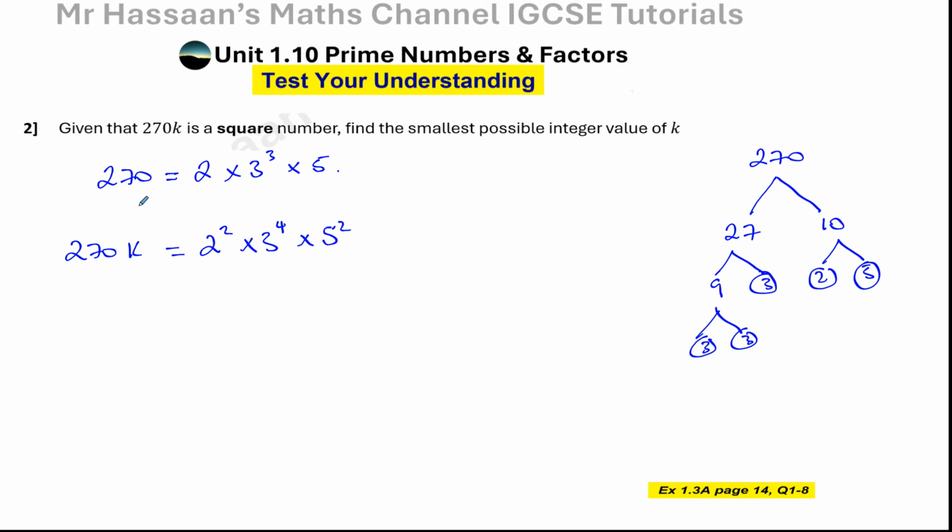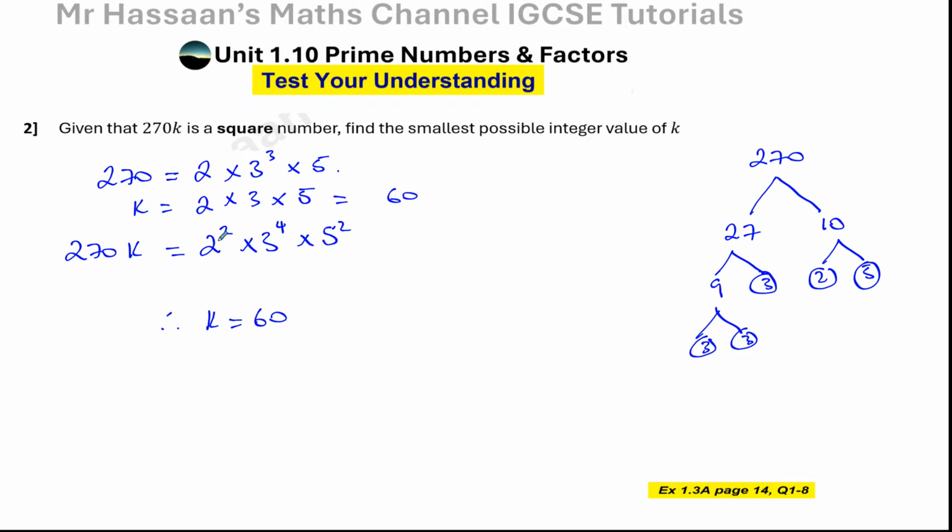All right, so k has to equal what? Well, that 2 had to become 2 squared, so you have to multiply by 2. The 3 had to become 3 to the power of 4, so you have to multiply by 3. And the 5 had to become 5 squared, so you have to multiply by 5. That gives you 2 times 3 times 5, which is 60. So that means k has to equal 60.